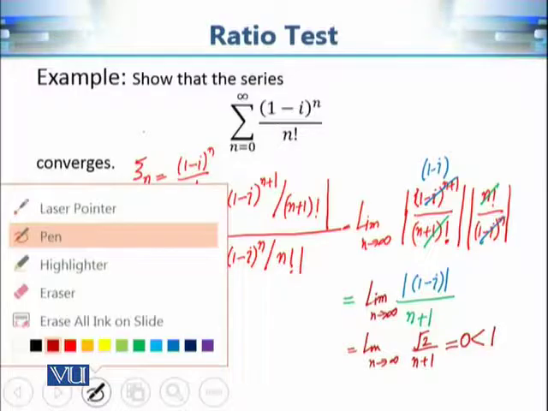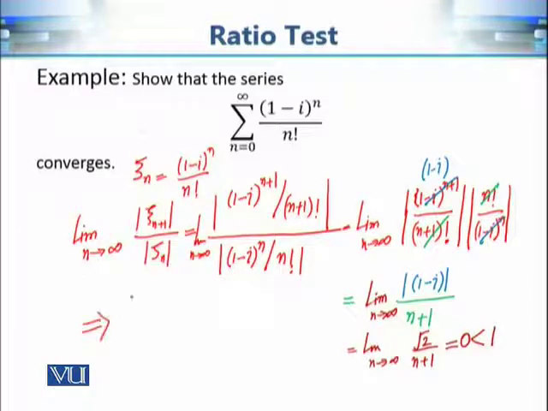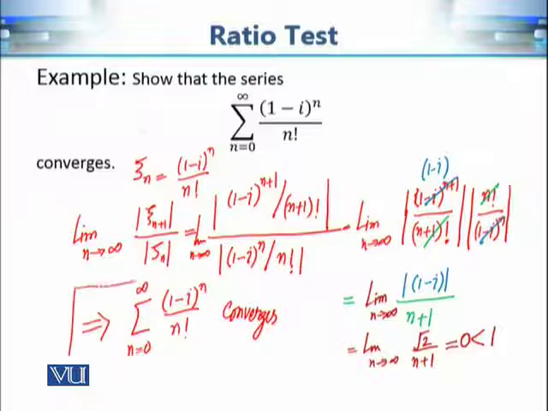So this implies that by the ratio test, the series of (1 minus iota) raised to power n over n factorial, n varying from 0 to infinity, converges. Okay, so this is the final result.